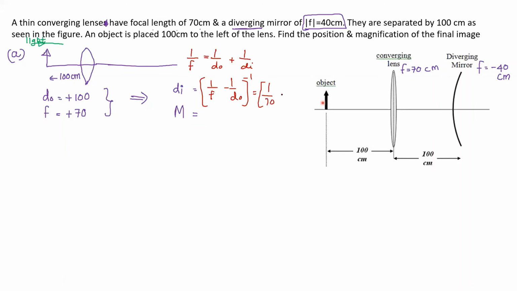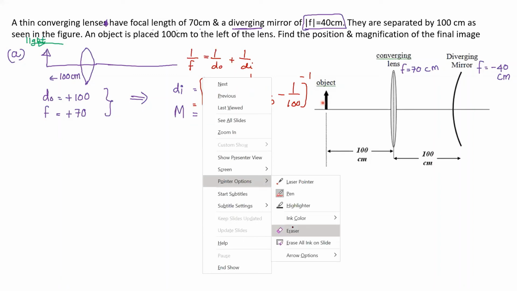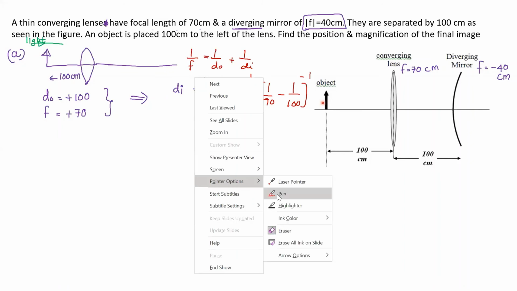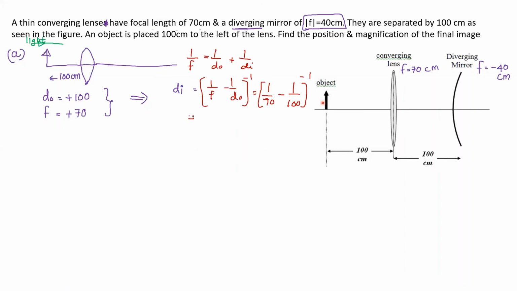F is 70, this is 100, and when you take the inverse, you get 233.3 centimeters, which is plus, right?